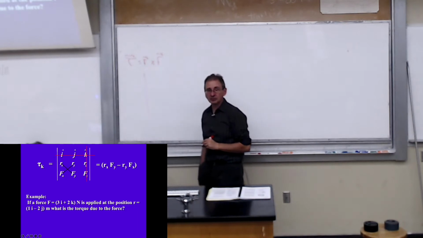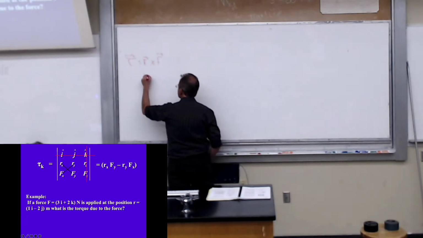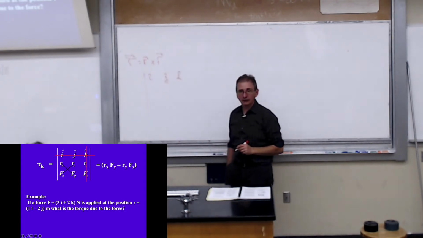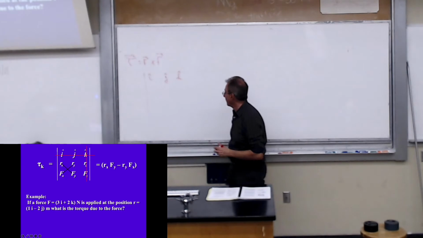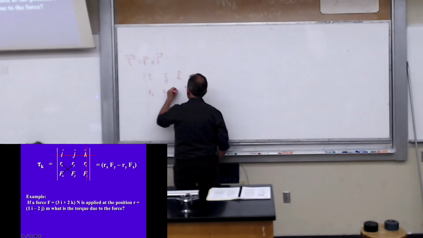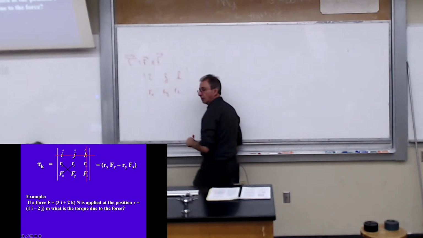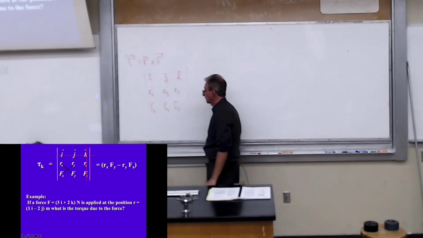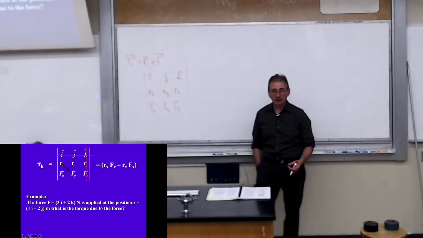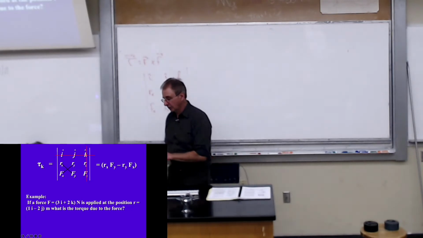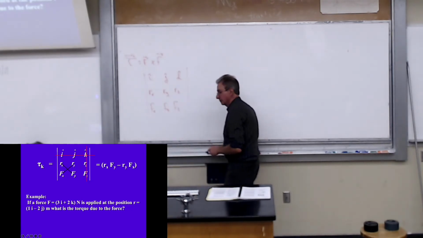You set up the determinant by writing your first row in terms of i hat, j hat, k hat, the second row the components of r, and the third row the components of F. Then you go through and evaluate this component by component, and you get the value of the torque.